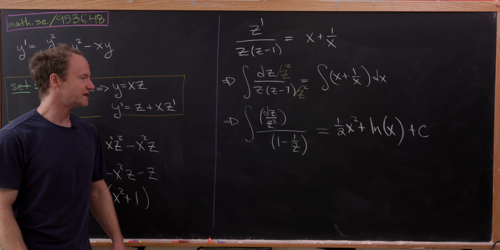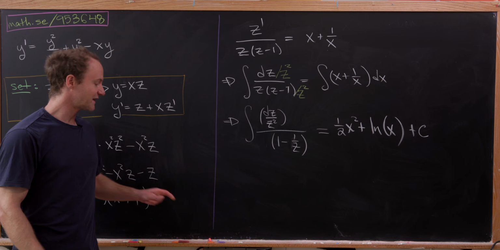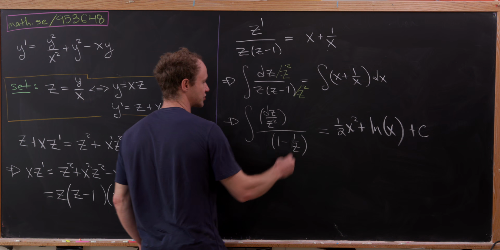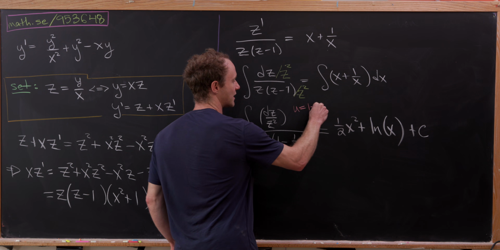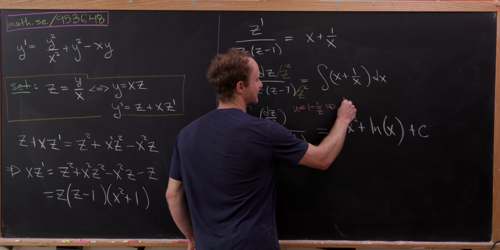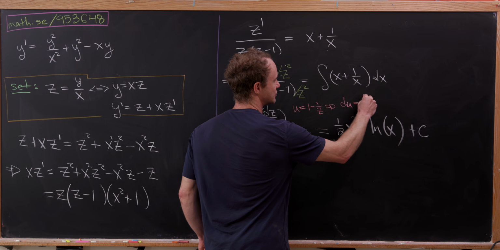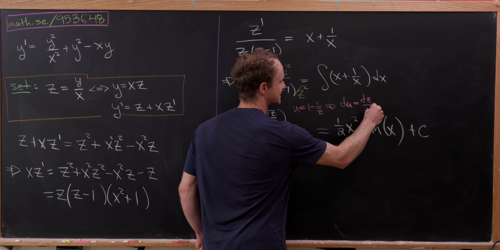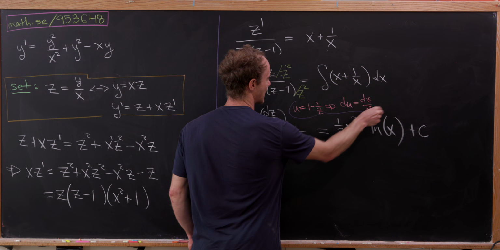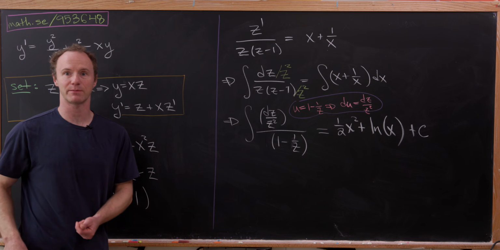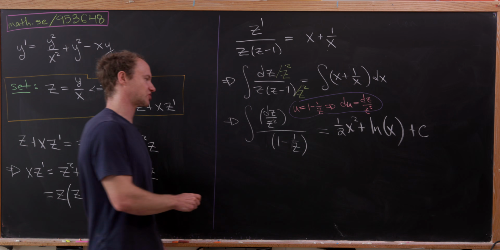And now what can we do here? Well, at this point, we can do another substitution. So let's set u equal to 1 minus 1 over z. But observe that means that du is equal to dz over z squared. And well, that's the nice trick that we did right here that allowed us to escape our partial fraction decomposition.